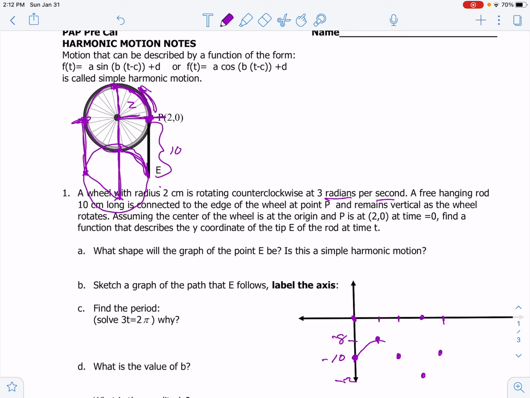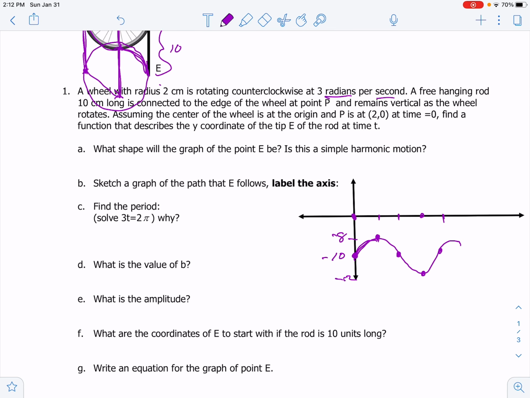So if you sketch the graph, guess what? It looks like a sine graph. It started in the middle and went up. So that's how I know it's a sine graph. Okay, so the period. Well, they tell me it's 3 radians per second. So 3 times the period, the time it takes to go around the circle, is 1 revolution. So 2 pi radians divided by 3 is going to give you your total time for one cycle.